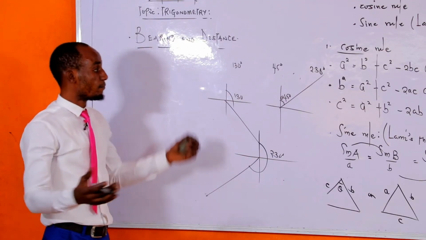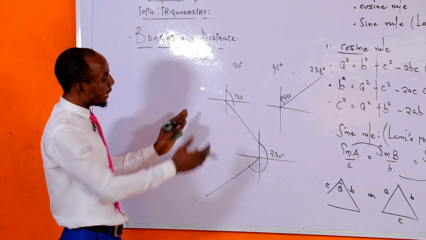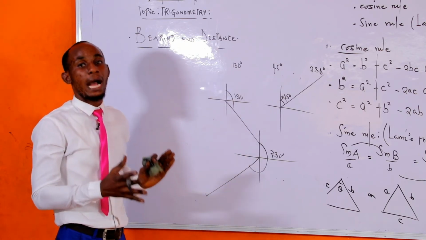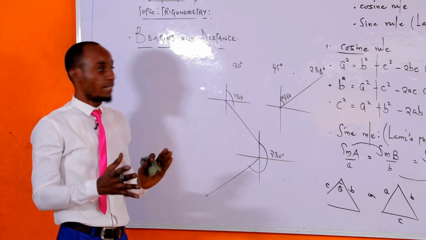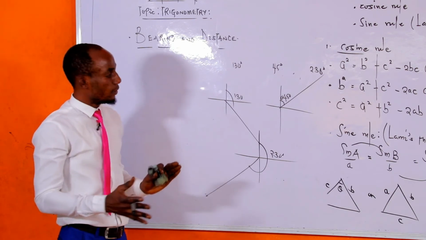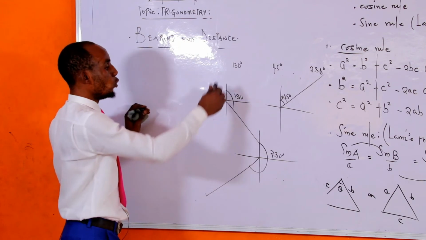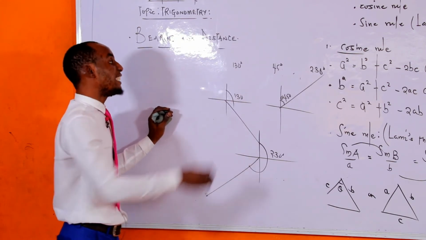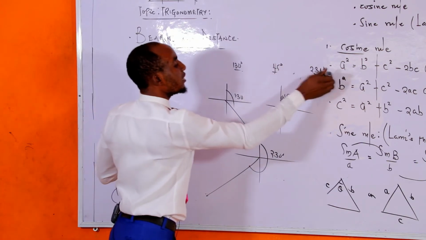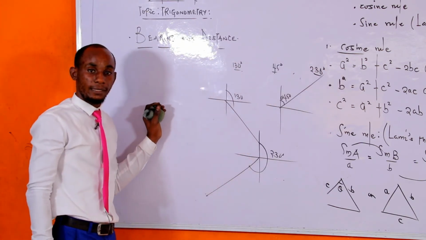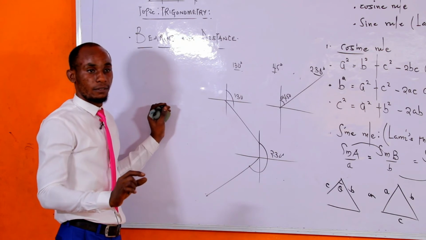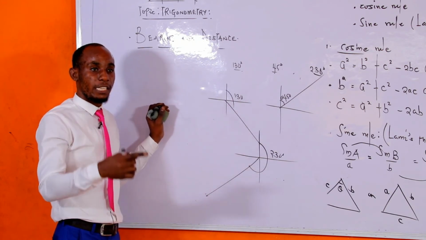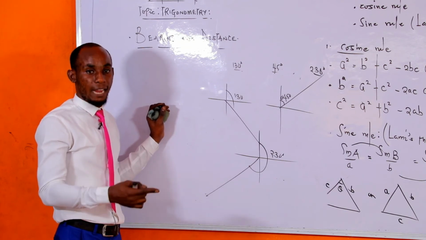All right, class. Like I said, if you can remember all of this so well, that is all you need to know about your two-unit bearing. It's as simple as that, right? Just to know how to locate the points, depending on the value of the triangle given to you. That is the first thing you need to know. And then you should know that you always move in a clockwise direction.